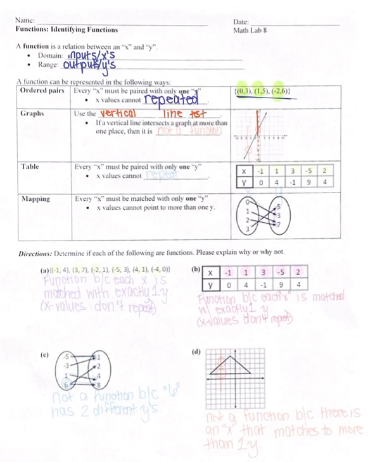So for example, if I draw a vertical line here, it only passes through at this point right here. Pick any other spot, say down here, and it only goes through once. Since it only goes through once, the vertical line test tells us it is a function. If we have a graph where, when you draw that vertical line, it hits the graph more than once, then your relation is not a function.